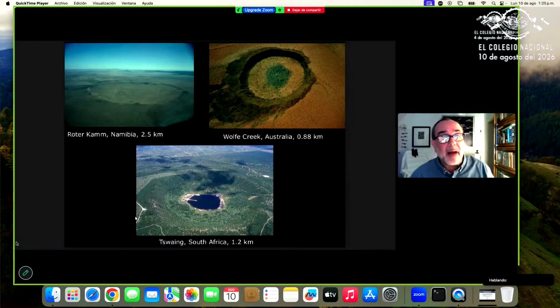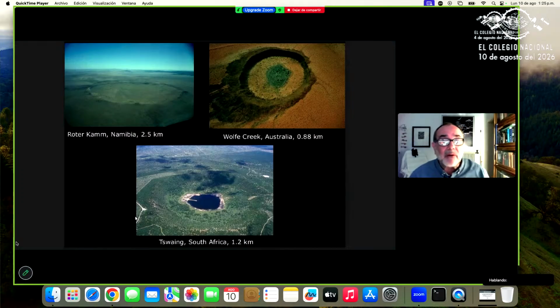The one in the upper left, in Namibia, Roter Kamm crater, is 2.5 kilometers in diameter. It's almost covered by desert sand. It's only 3.5 million years old. The one on the upper right is 1 million years older. So again, it's already disappearing.